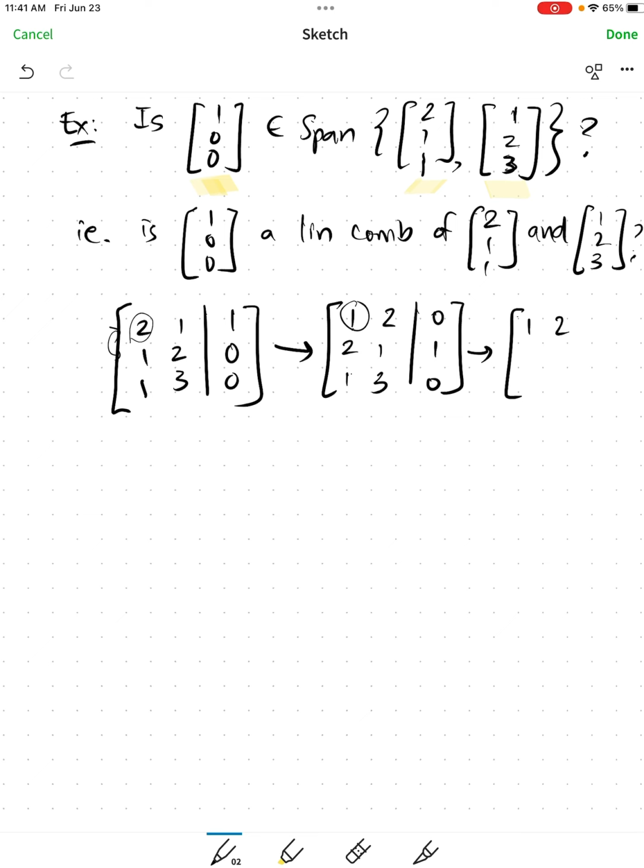If I do that, I'm going to get 0, negative 3, 1. And then I need to knock down this 1 here in the bottom row, so I can just do row 3 minus row 2. That's easy. 0, 1, 0.